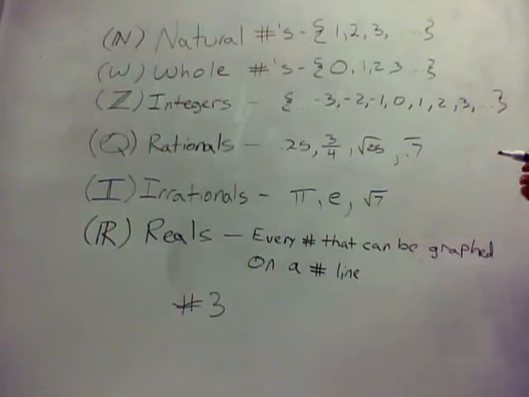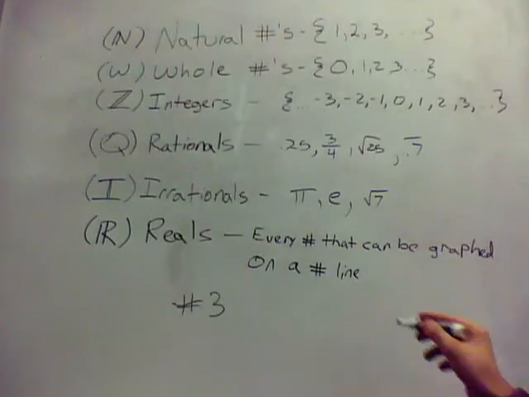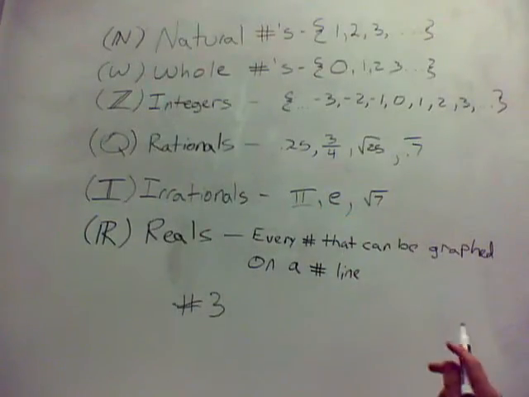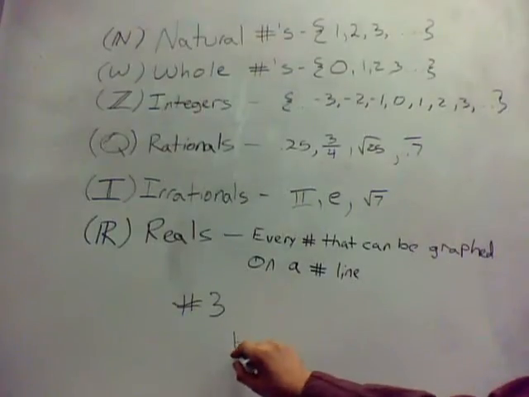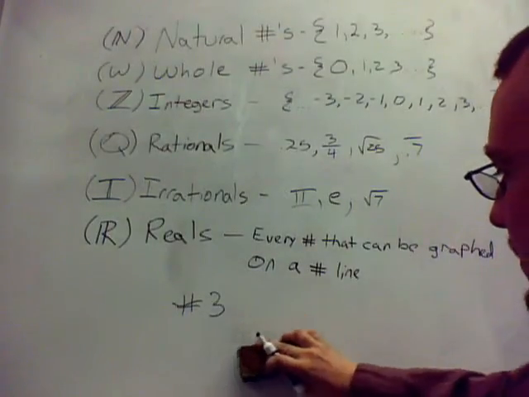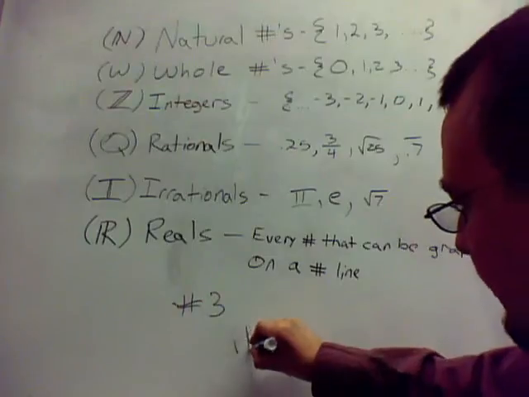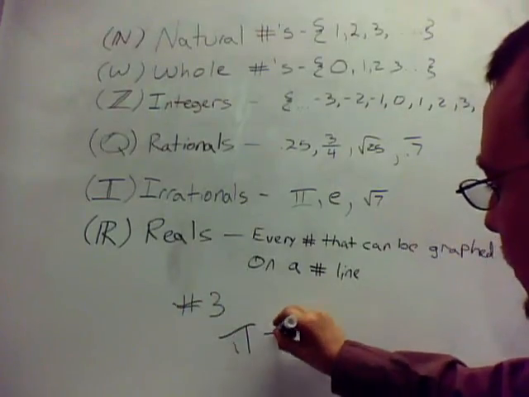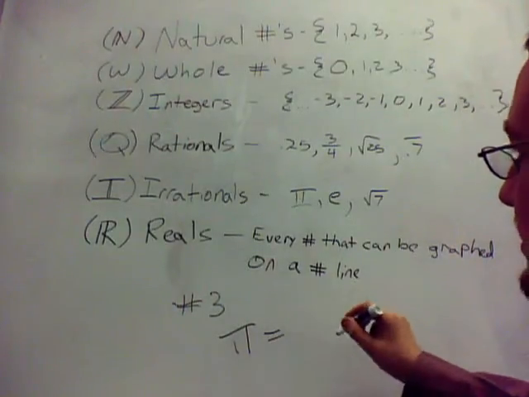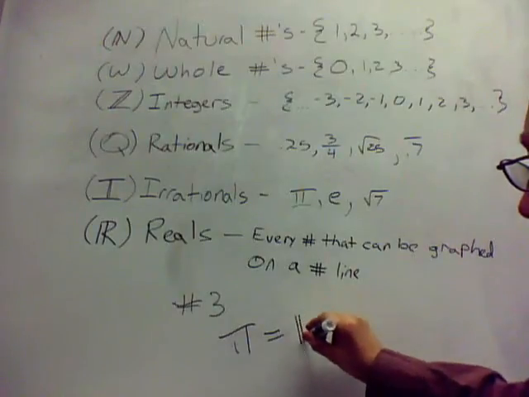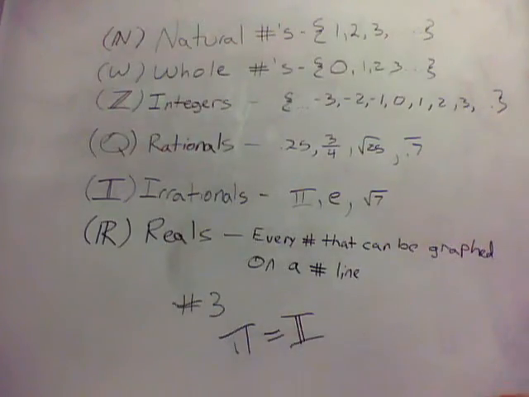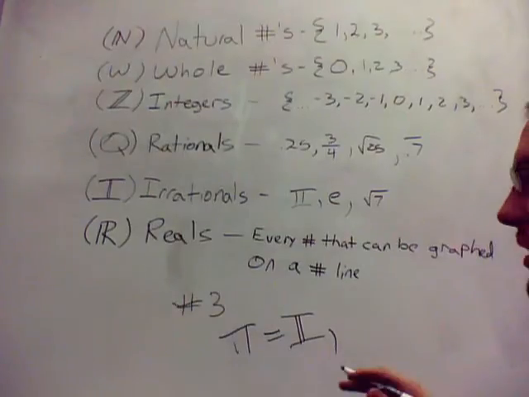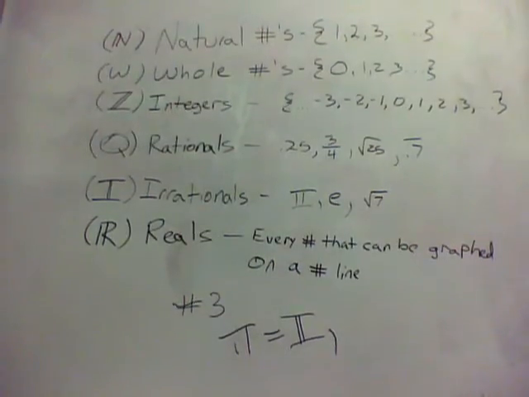First you need to ask yourself, is it rational or irrational? Well, obviously it's right there, so it's irrational. Actually, I'm going to put pi right here, which is irrational, which I write as a double bar I, but write it however you need.